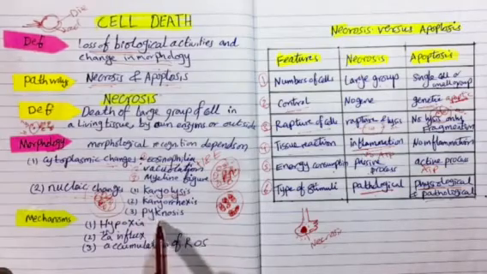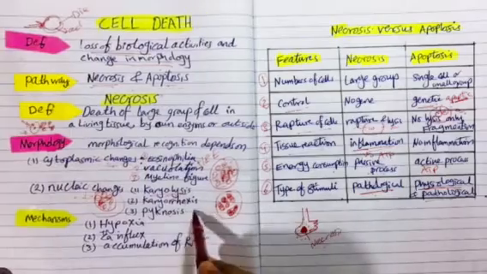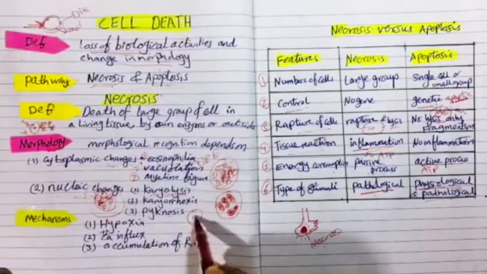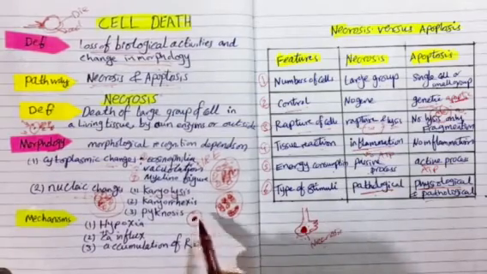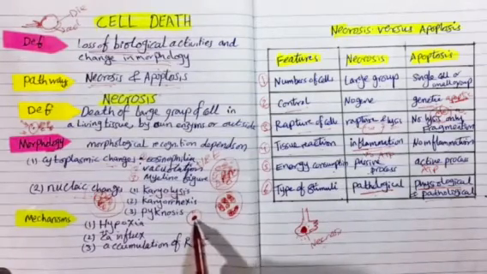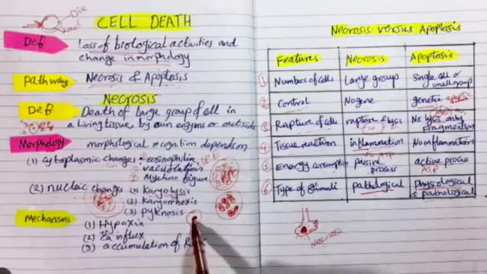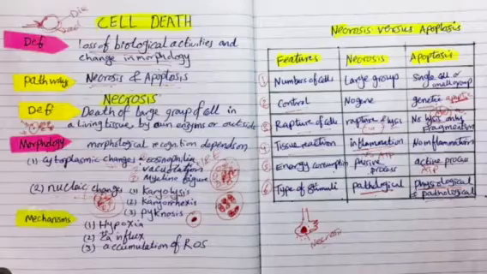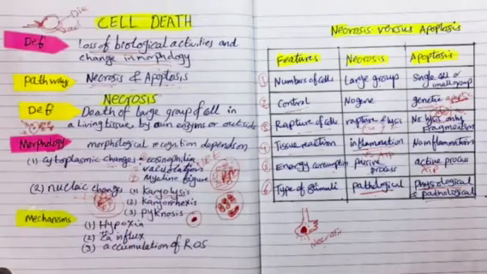The last point is pyknosis. It means condensation of chromatinic material inside the cell. It will be very small, condensed like this, darkly stained chromatinic material. So these are the cytological changes and nuclear changes of necrosis.